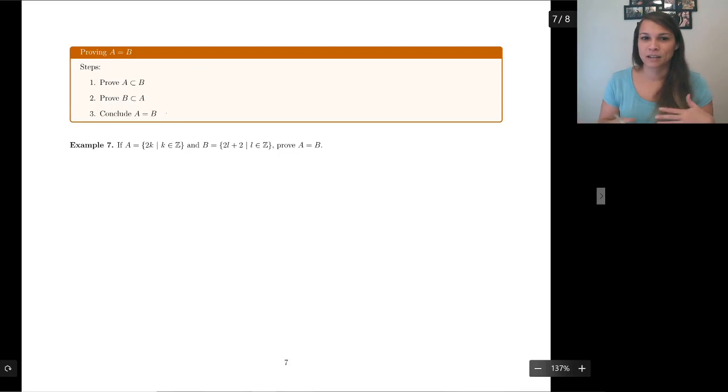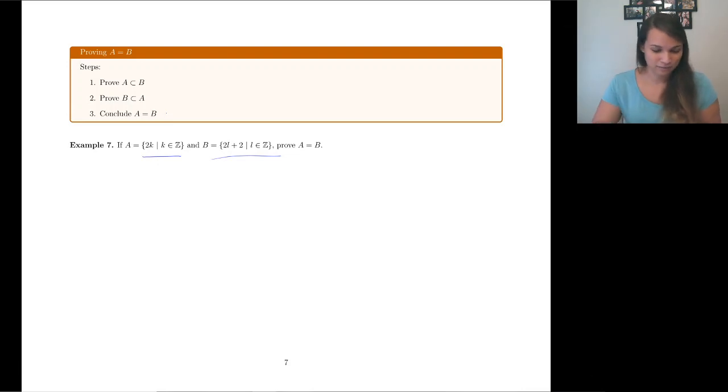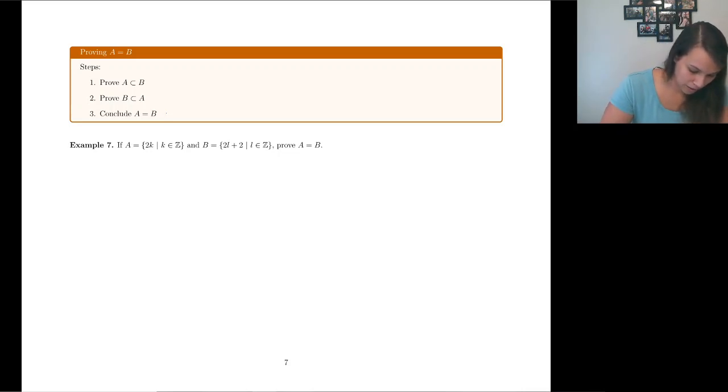For example, let's go back to this: all the evens and all the evens rewritten. Let's prove that so that you feel very convinced that these are indeed the same set. I'm just going to number these. If we start with k as -1, that would give -2, 0, 2.